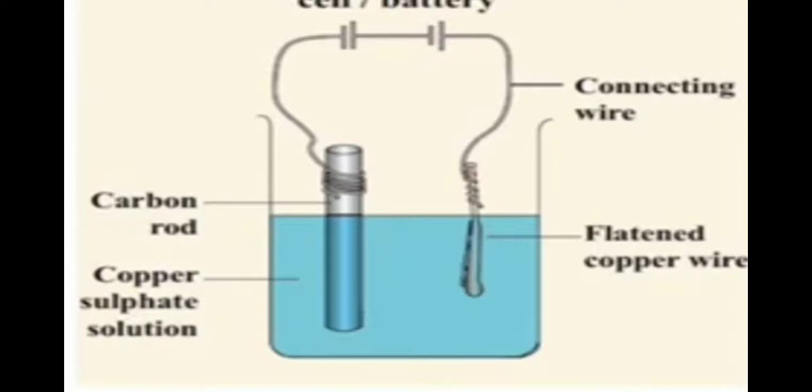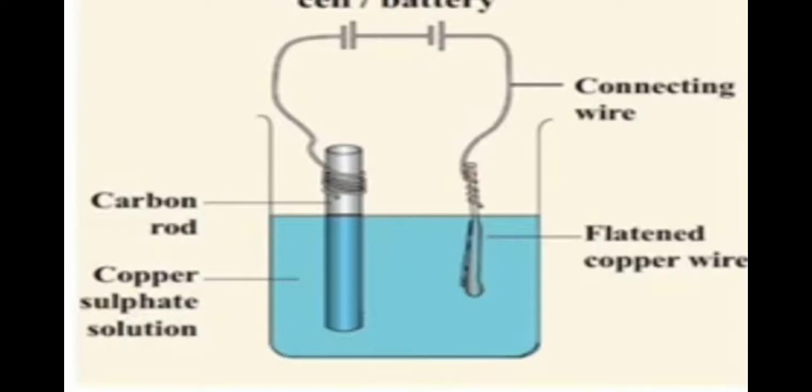So take a carbon rod from the used dry cell, then take a thick copper wire and flatten it with hammer. Now immerse the carbon rod and copper wire into the copper sulfate solution. Now connect the carbon rod by means of wire to the negative terminal of the electric circuit.